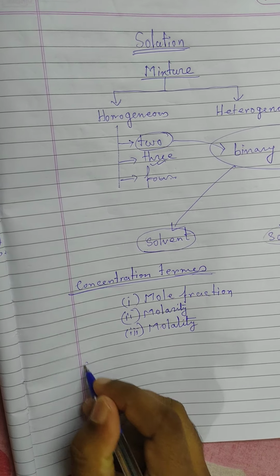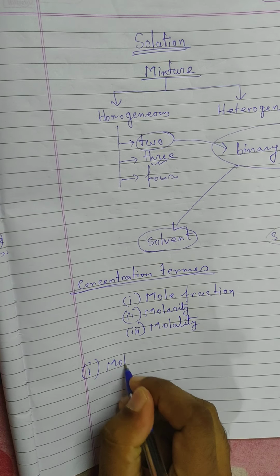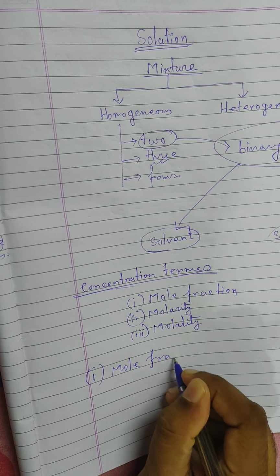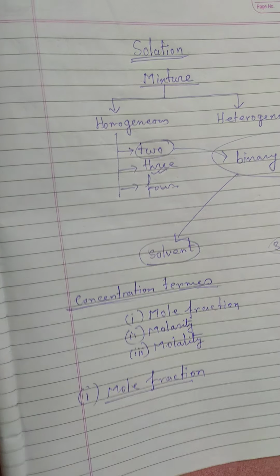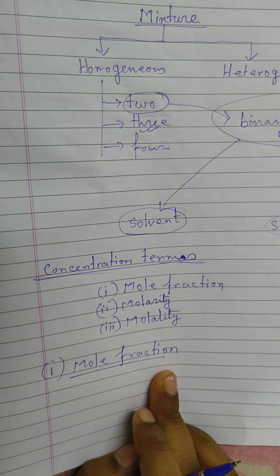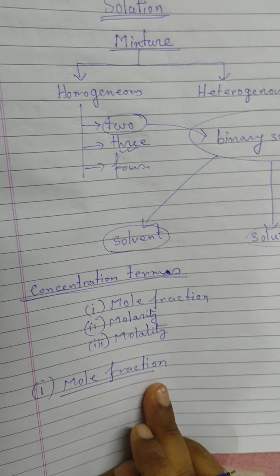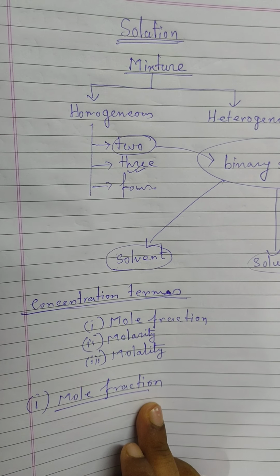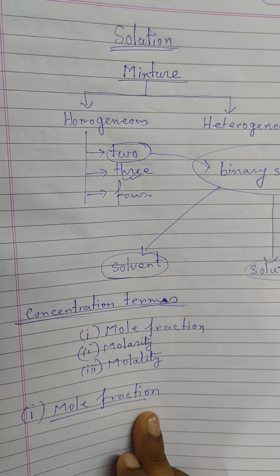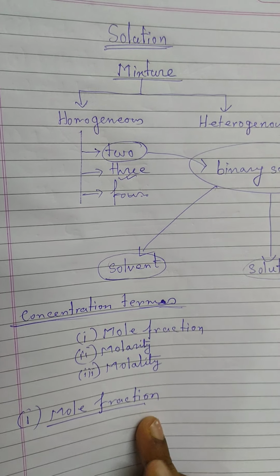Number 1, mole fraction. Mole fraction is defined as the number of moles of a particular component divided by the total number of moles of the components.